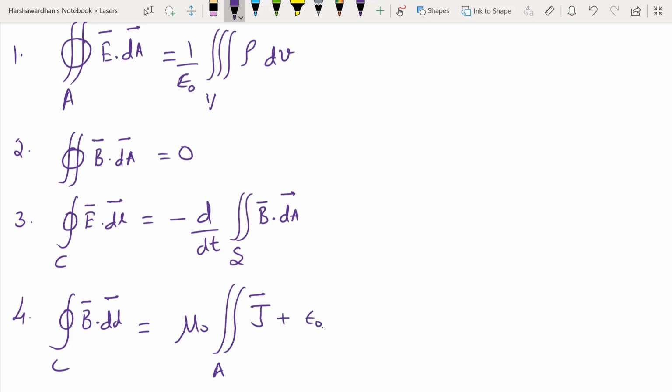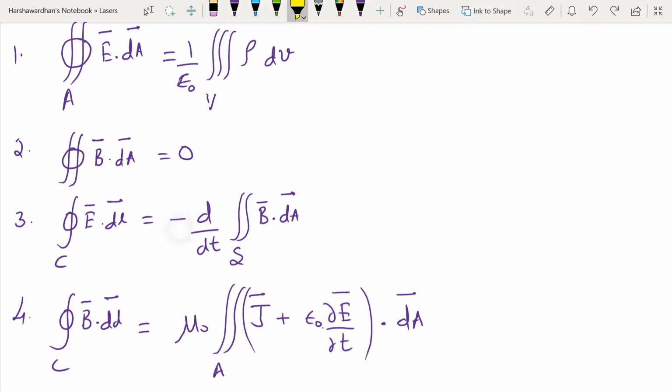This is the Maxwell's correction to the Ampere's law. The change in the electric field itself acts like a current, and dotted with dA, which is the area enclosing that particular loop C. Right? So this is the Ampere's law, and this particular object is the Maxwell's correction that you already know of.